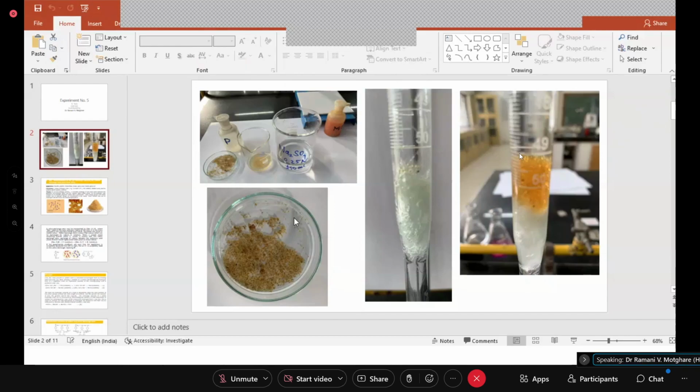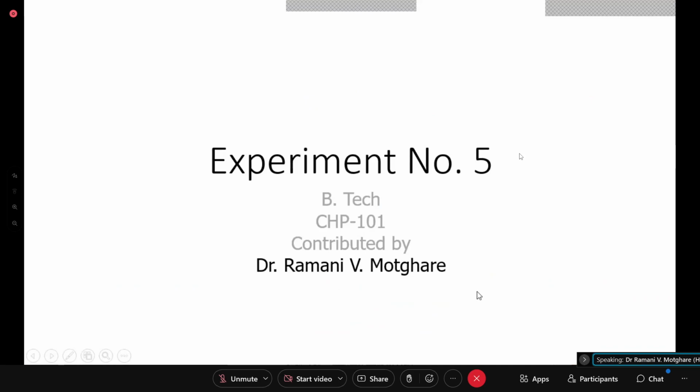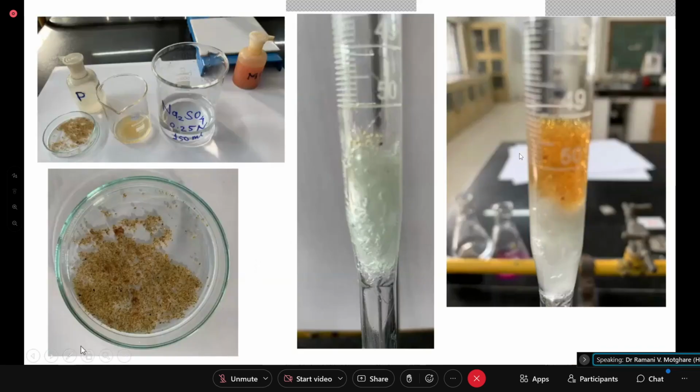So this is your Petri dish containing 0.25 gram of resin. This resin is poured initially after weighing. So you get it in a packet and then you open it. It is put into 10-20 ml of HCl solution, which is 2 molar, and allowed to soak in this HCl for almost half an hour.